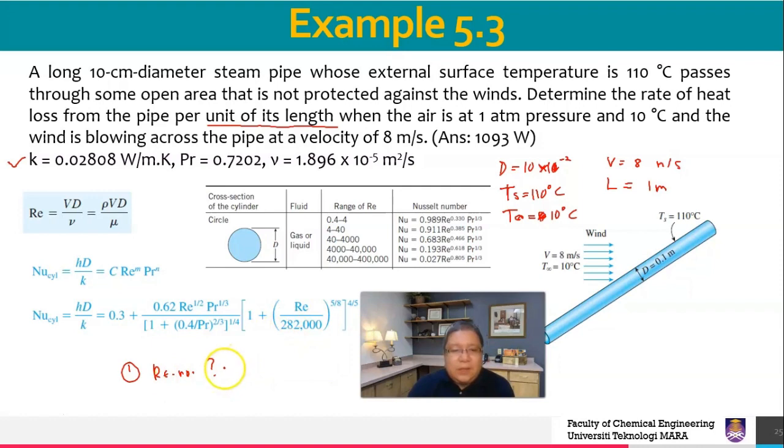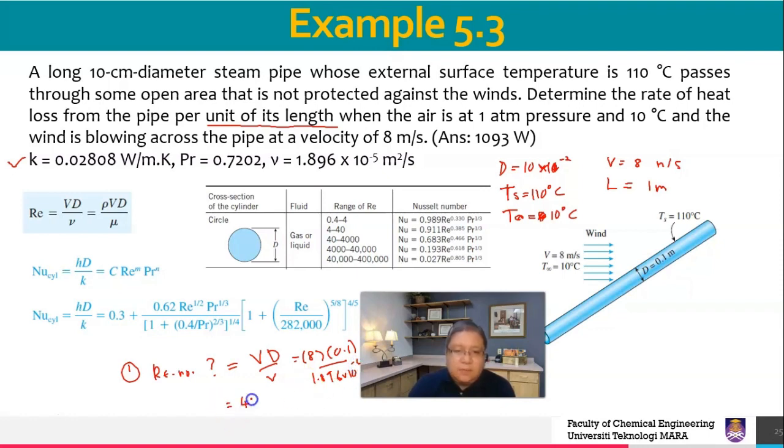So the Reynolds number is V D over nu, right? V is 8, D is 0.1, then nu is 1.896 times 10 to the power of negative 6.